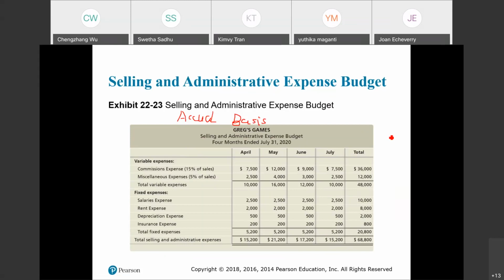So the reason why I mentioned this is later we will look at the cash budgets based on this slide. Well, let's take a look at this budget, selling and administrative expense budget.